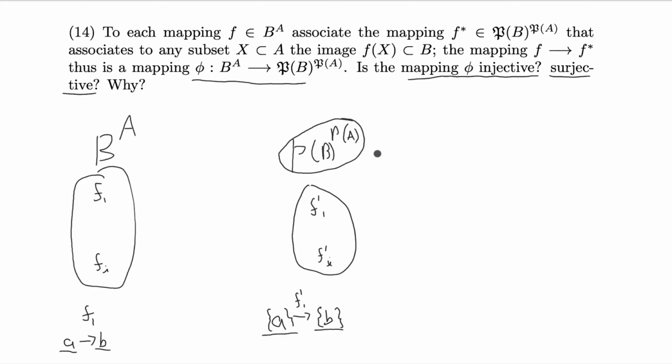All right, let's begin with the solution. I'll start in the reverse order. Let's show that phi is not surjective. We're going to show that there exists a particular element, an fn prime, such that there is no map fn where phi of fn is equal to fn prime.